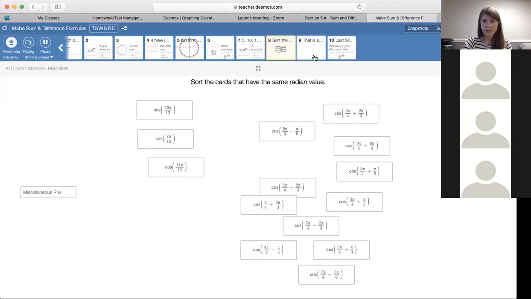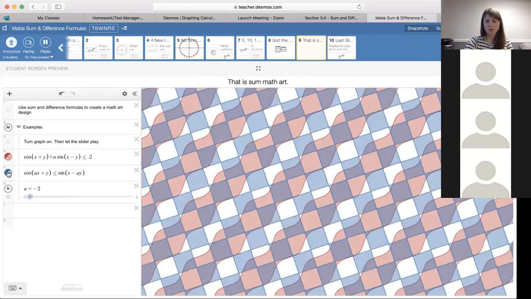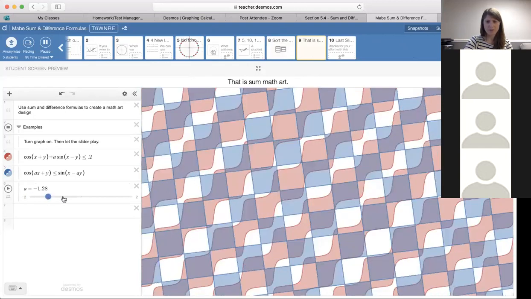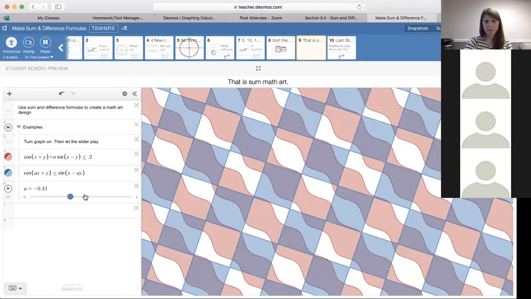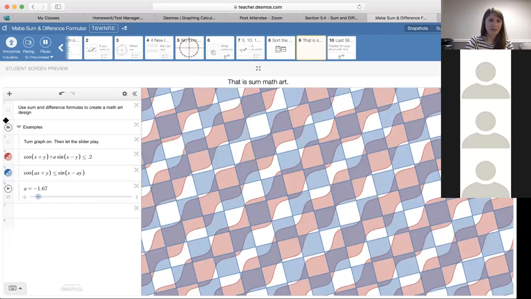The last active slide on Desmos is slide 9, which is kind of a fun slide where you're going to be able to turn on some graphs, play with some sliders, and look at some Desmos math art essentially, and look at a cool design just by manipulating what's here. Then you can add a little bit if you want to introduce some new sliders or play around with the shading some.